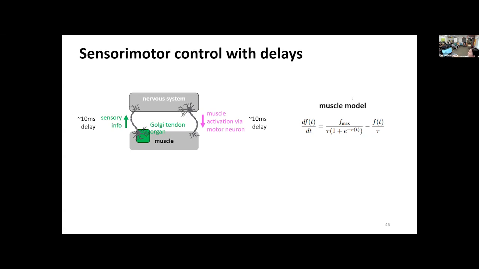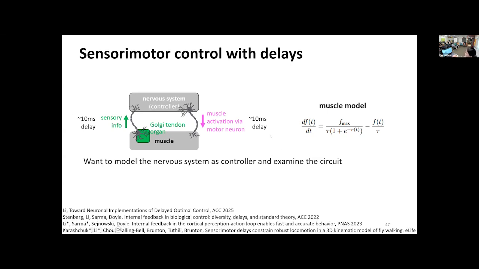Okay, so the muscle model, you can write as a simple standard ODE model where F is the force and R is the firing rate of the incoming motor neuron. What I wanted to do was model the nervous system as a controller and then look at the circuit. We've done wishy-washy versions of this where we said the controller has this feature, so the feature is also going to show up in the nervous system.